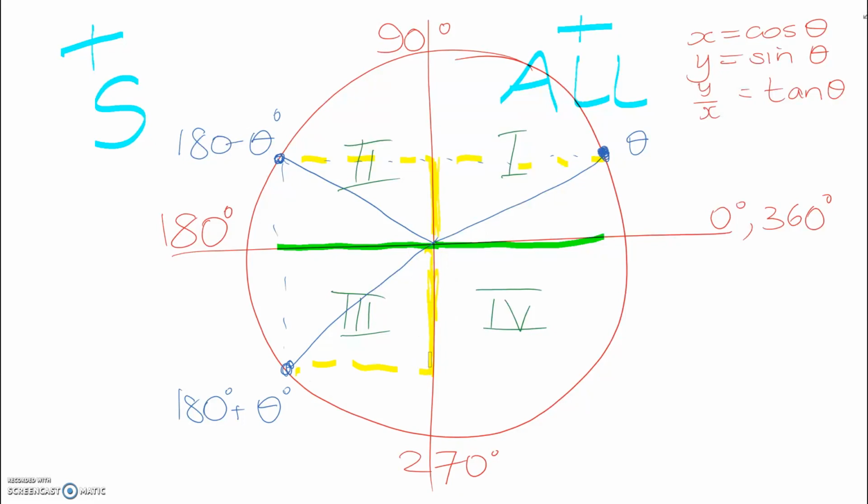And the cos is negative as well. See, that's a negative. So both sine and cos are negative, but tan will be positive, because as soon as I say sine over cos, negative over negative gives me a positive. So the positive one in here is tan.